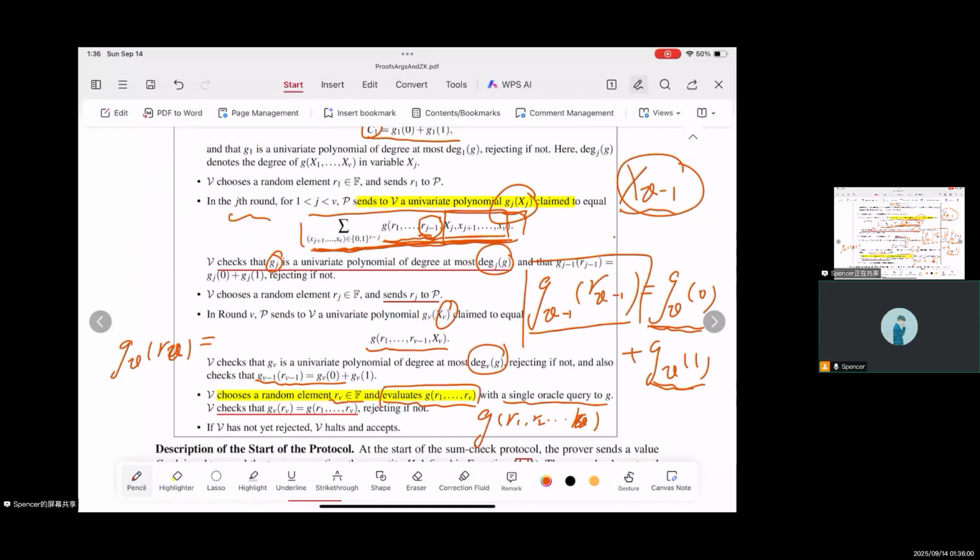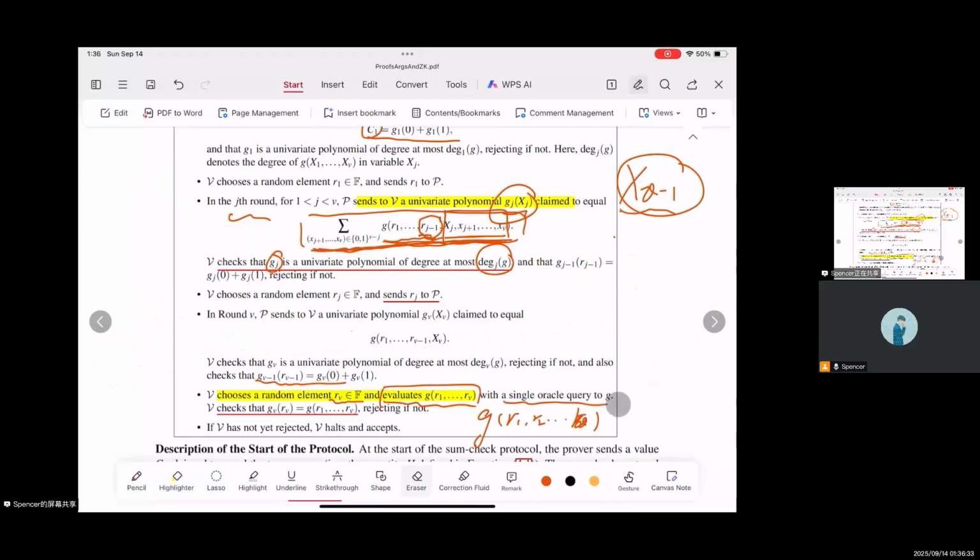should be equal to JR1, R2 to RV, because GVRV, it is the univariate polynomial. It has only one variable, that is xv, and now we just fix the xv by the rv, and so now it is equal to the original polynomial with r1, r2 to rv and this whole vector. I think it is very understandable now. Okay, let's clean it.